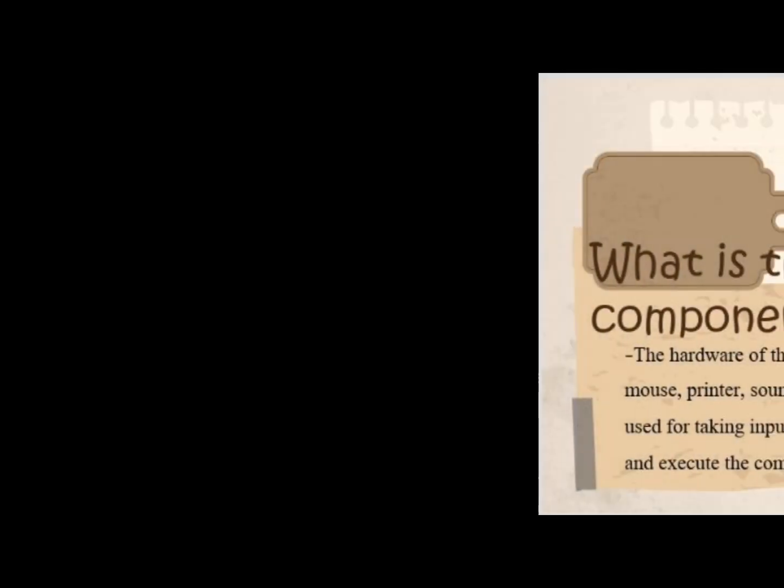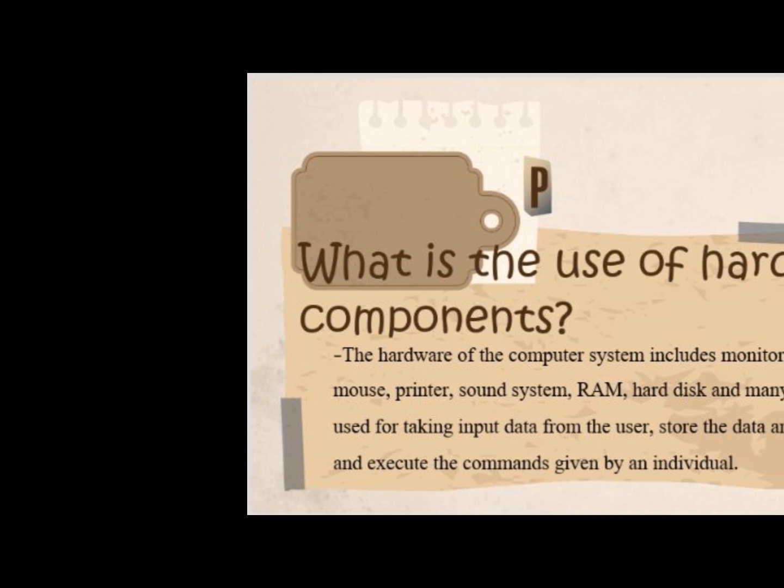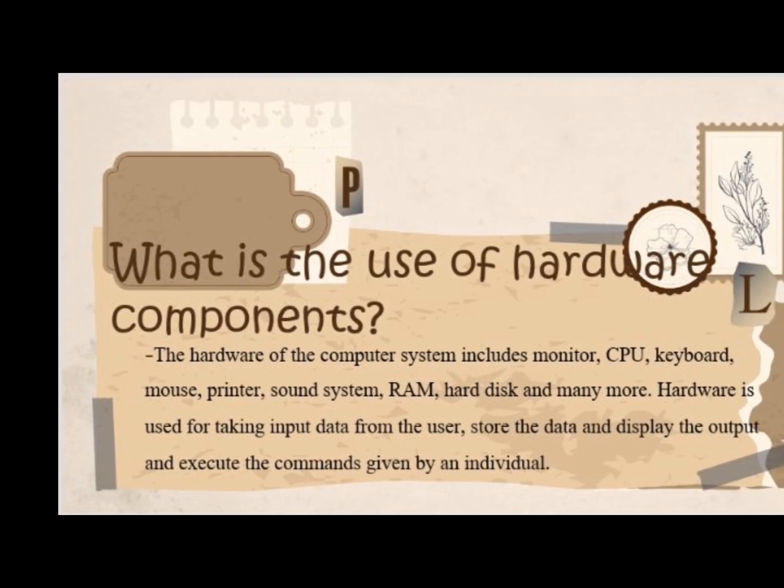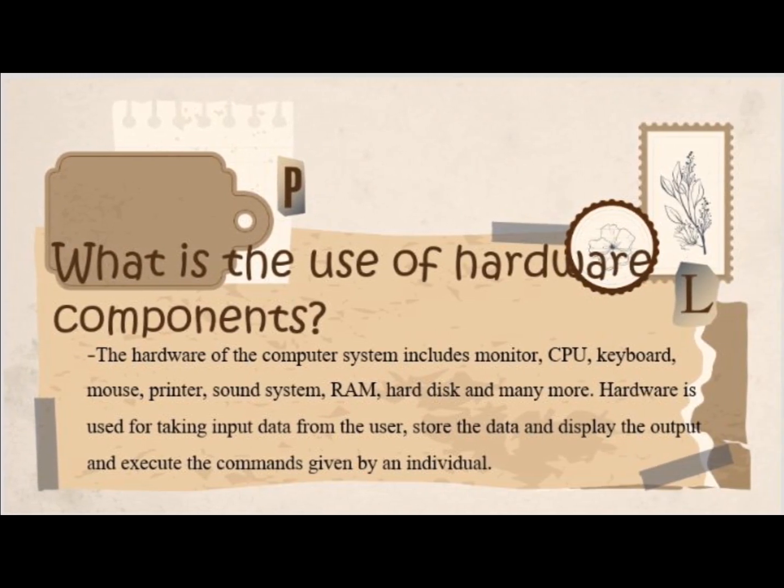So, what is the main function of hardware components? The hardware of the computer system includes the monitor, CPU, keyboard, mouse, printer, sound system, RAM, hard disk, and many more. Hardware is used for taking input data from the user, storing the data, displaying the output, and executing the commands given by an individual.